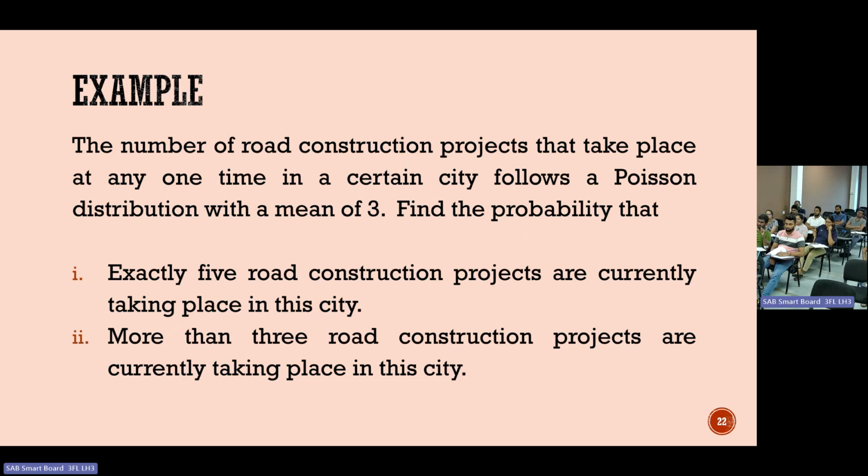Earlier we said, number of accidents during a month, number of people joining a queue in 10-minute interval. So we had a fixed period. Now here we don't have a time. So here we say at any one time. So here the variable should be number of road construction projects at any one time or at a time. Okay, that's how we define here. So we'll define that way.